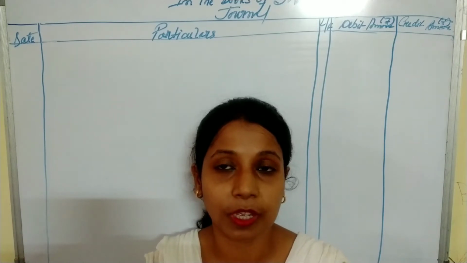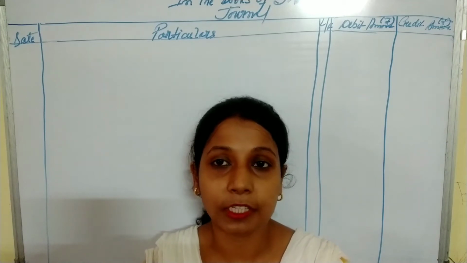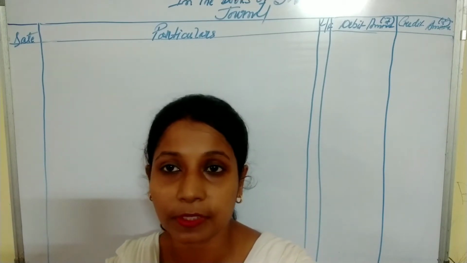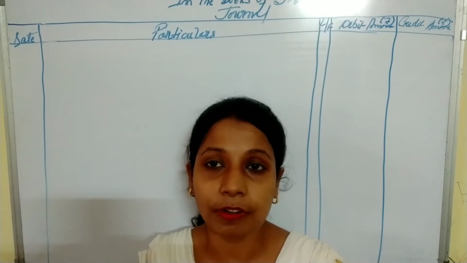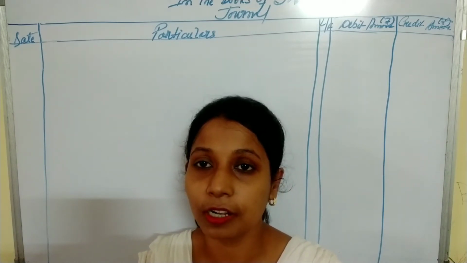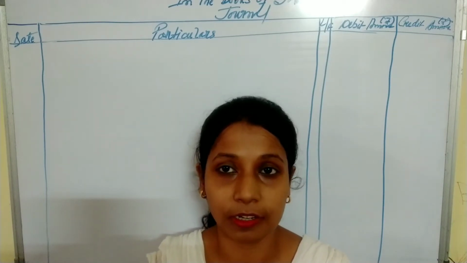So the next entry is of transferring the application money to the share capital account. This entry, the transfer of application money to the share capital account, we will write in the journal.